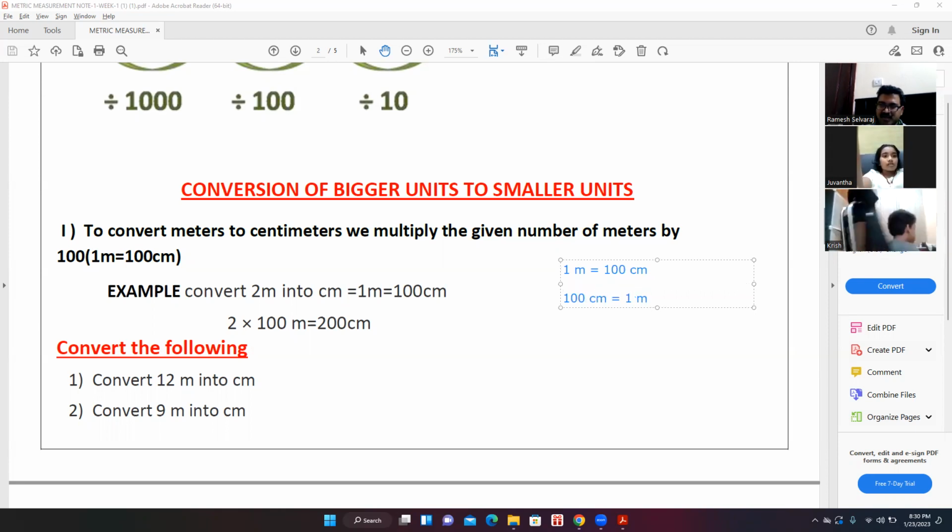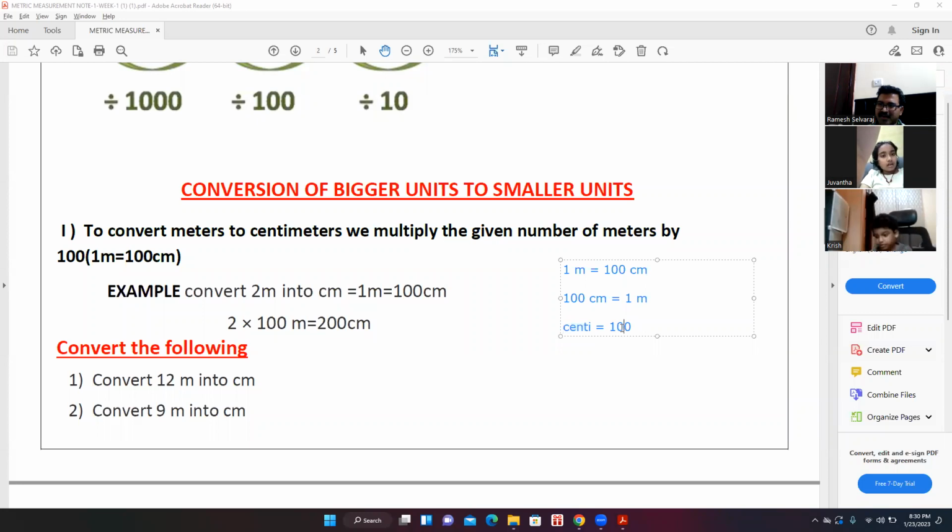So this centi, you know centi, C-E-N-T-I. Centi means century. Century means 100. So you remember centi means 100. You know in cricket, they will say this batsman got a century. Century means 100 runs. So centi, you remember as 100. Okay. What do you mean by centi? Centi means 100.